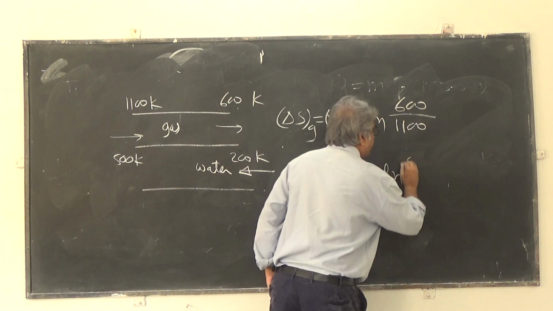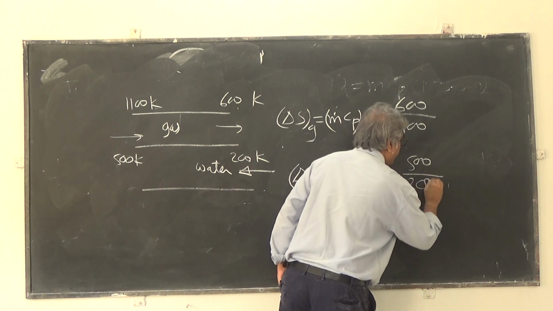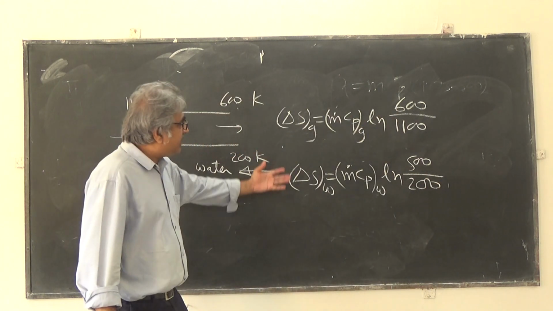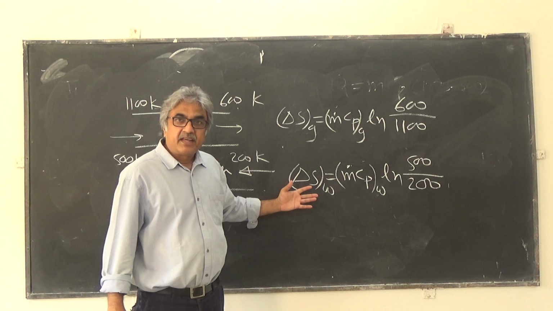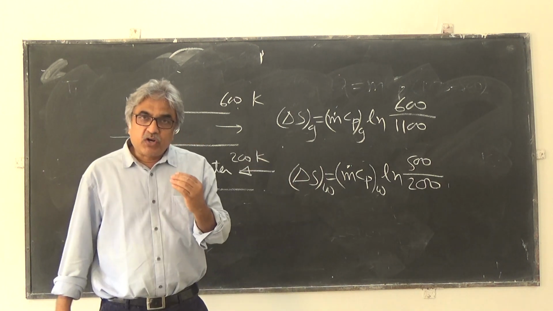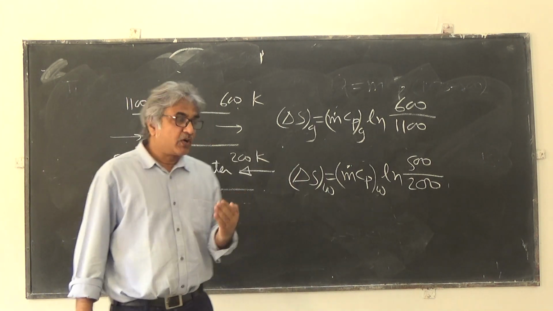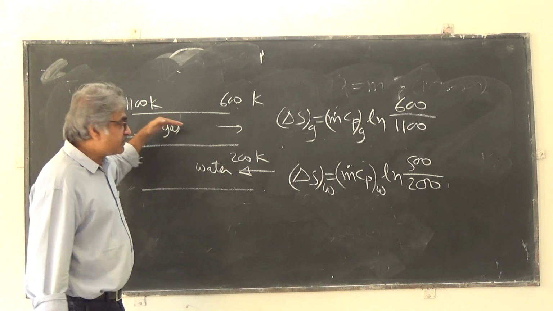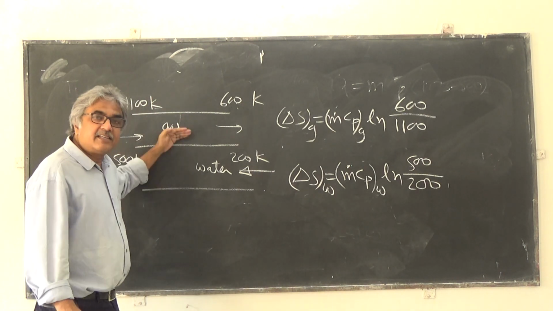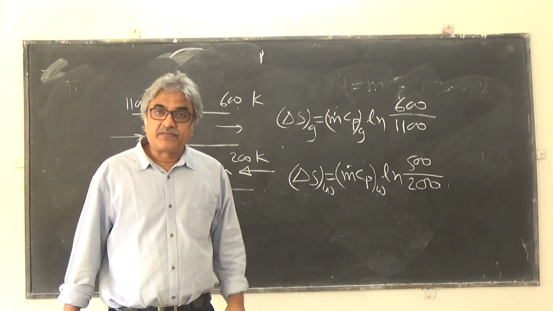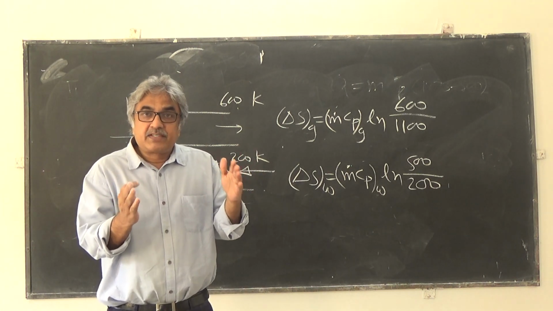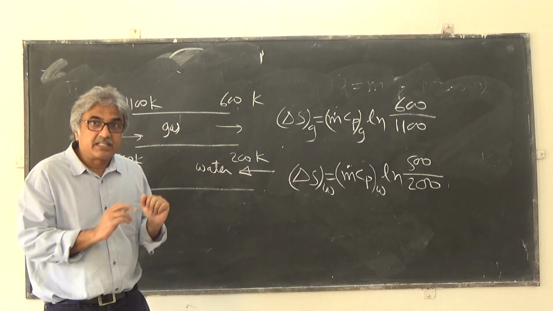So it is 500 by 200. Now this will give you the entropy change of both the fluids. And because the heat transfer is irreversible, because the average temperature of this gas is higher than this, it is an irreversible heat transfer. Temperature difference is finite, so it's an irreversible heat transfer.